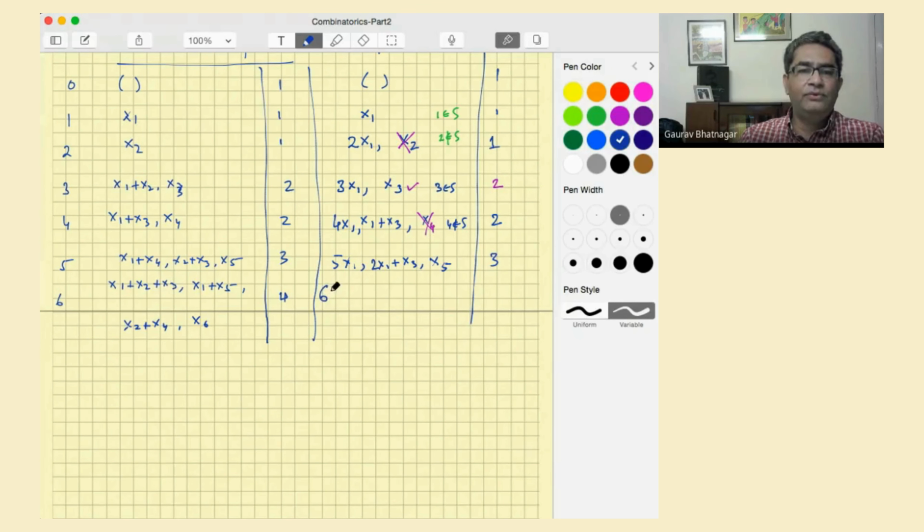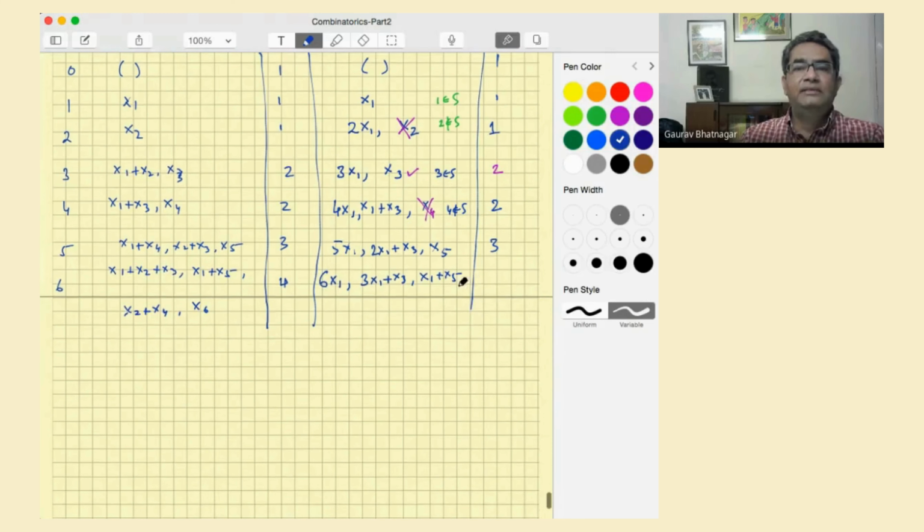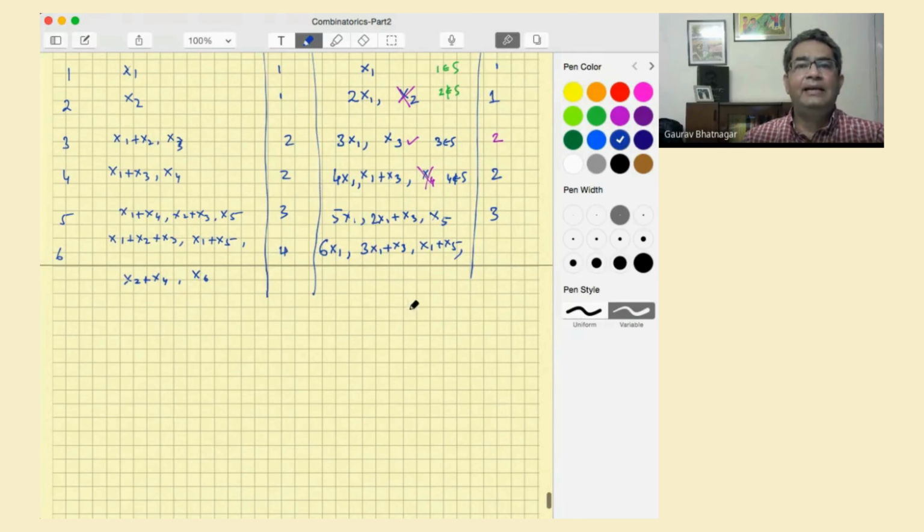Again, let's continue. 6x1, 3x1 plus x3, x1 plus x5, right? And I can't have x2 plus x3, but I have to have x3 plus x3 because x3 belongs to S. So 2x3. I'm done with the 4, so I cannot have x6.